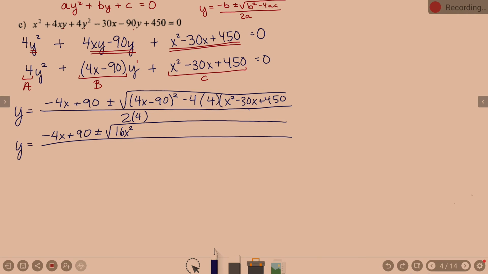Then if you distribute your 4x to the other negative 90, 4x times negative 90 is going to be negative 360x. Those would be your outsides. Your insides are also going to be negative 360x for a negative 720x.